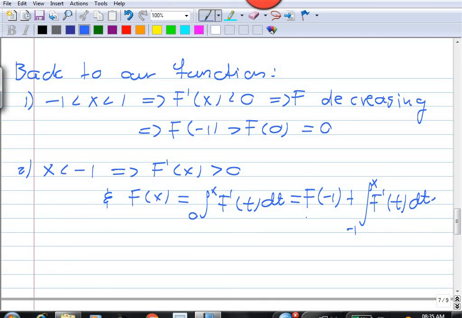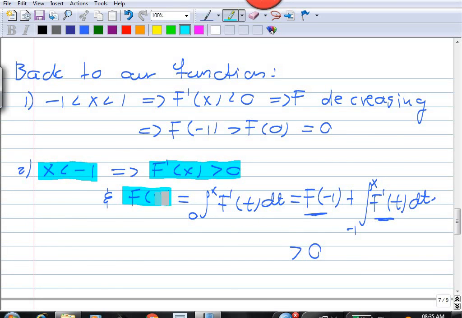Right. Now that one is bigger or equal to 0, that one is bigger or equal to 0, so the whole thing is bigger than 0. Right. So what have we got? We've got that for x less than minus 1, the derivative is positive, and f of x is positive.